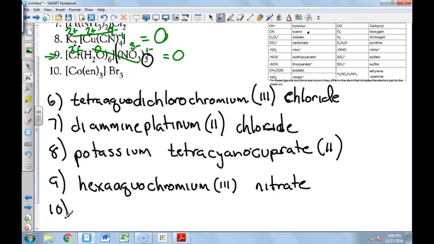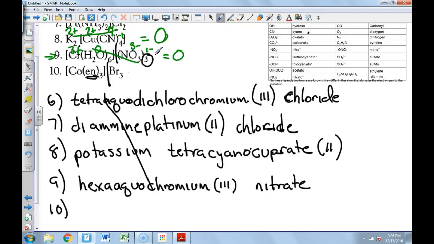Okay, so number 10. Split it in half. Name it backwards. Now this is interesting, because this guy is one of those complex ligands. It's one of those ligands that gets a special beginning.